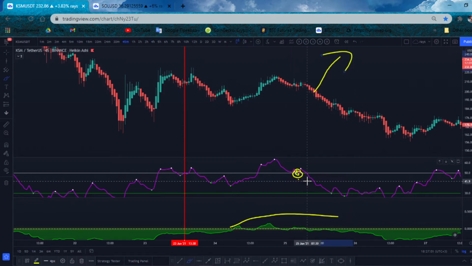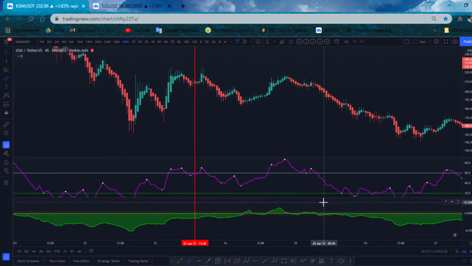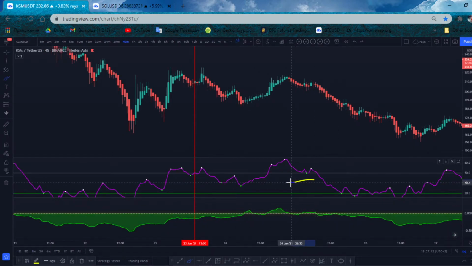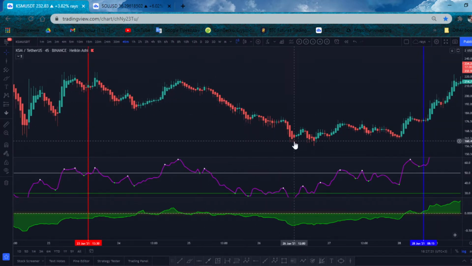But that wasn't the case at that point. You see no volume here, no buying pressure, let's say. So the RSI went down, and we see that the price action is falling.